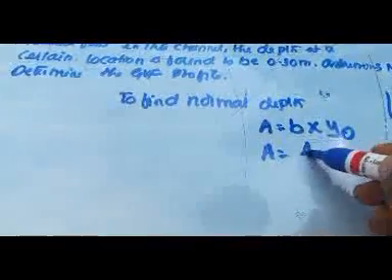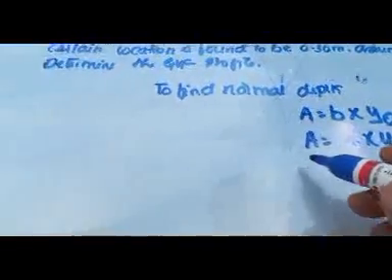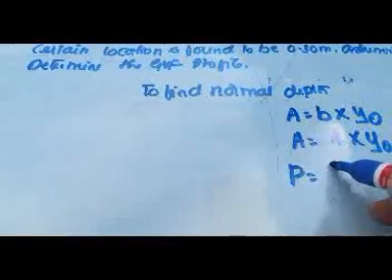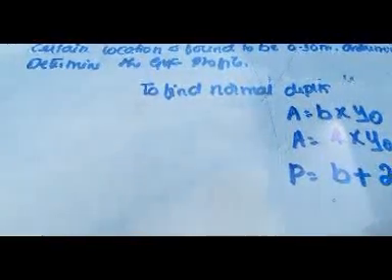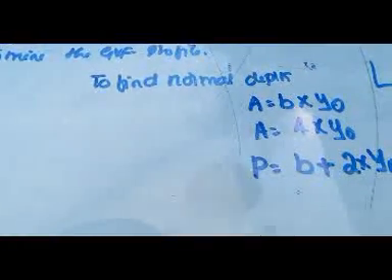Here A is equal to B, which is given as 4, into Y0. We don't know the depth, so the perimeter we also don't know, but we know the formula. P is equal to B plus 2 into depth, 2 into Y0. You know that perimeter formula.